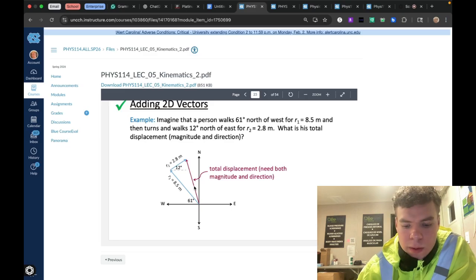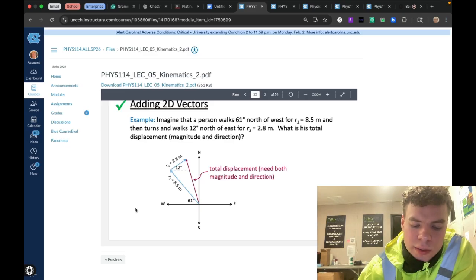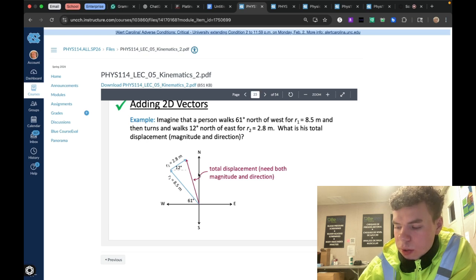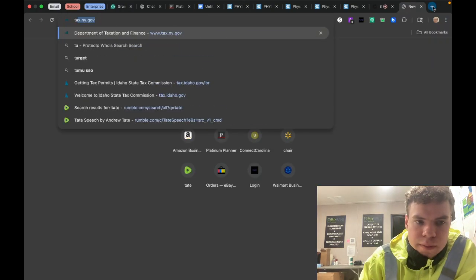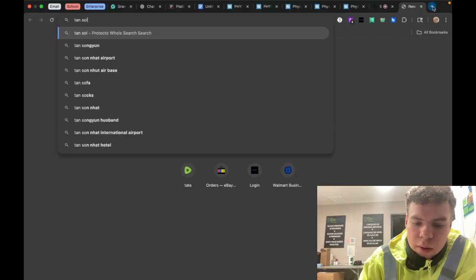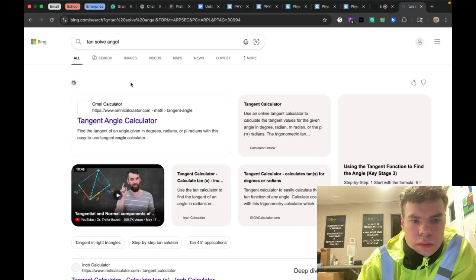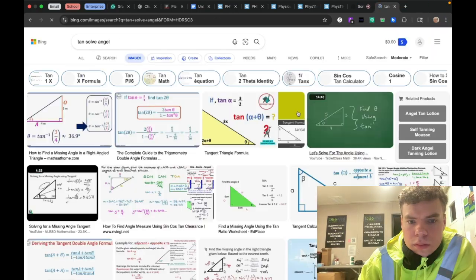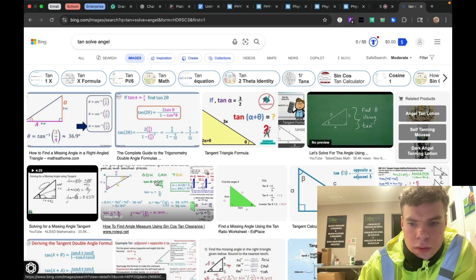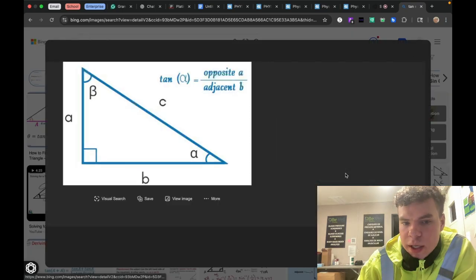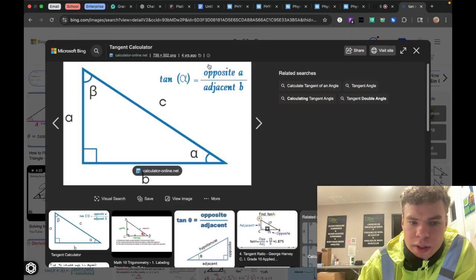Okay, so now we've got to find the angle. What is tangent? Tangent is opposite over adjacent, right?